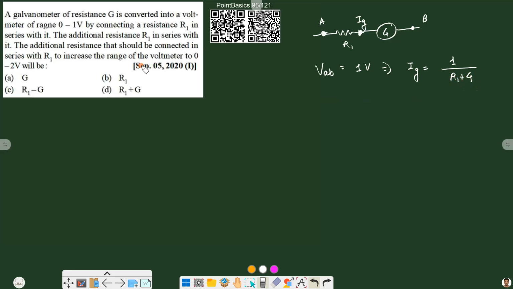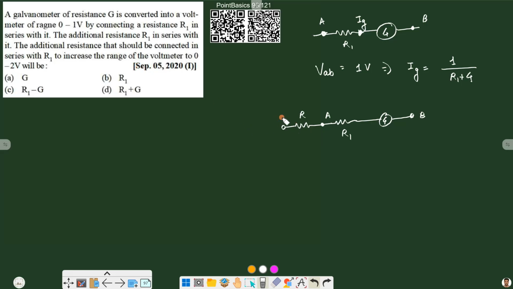Now we have to connect an additional resistance R in series. Let's say this is the additional resistance R. We already have R1 and the galvanometer here, and this is our point P. Here we have point A, and now it should be able to measure from 0 to 2 volts.